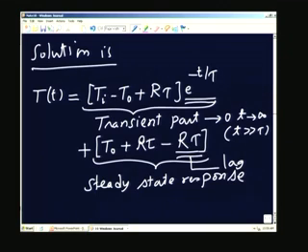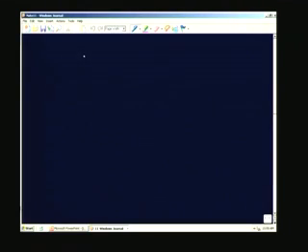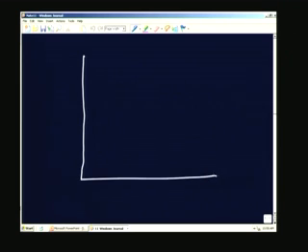Actually, we will see that if we were to look at the solution by plotting it as I am showing here. So, I am going to plot it again, t by tau on the time axis, and then I am going to plot T on the y axis.